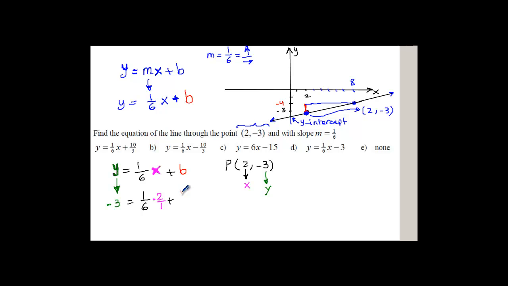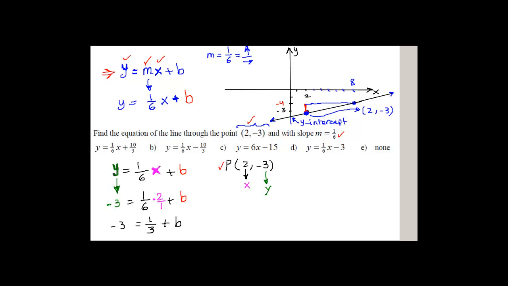So if a point is given to me, any point like this one here, and I know the slope, then I can use this formula y is equal to mx plus b and substitute for everywhere I see m, x, and y their corresponding values, and just simply solve for b. So in this case I have -3 is equal to 2/6, which is equal to 1/3, plus b.